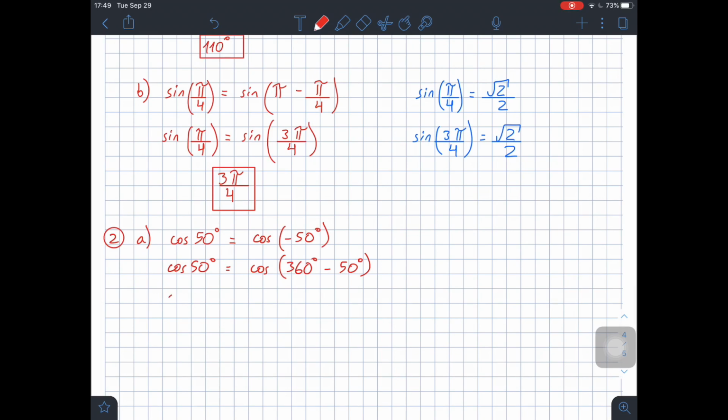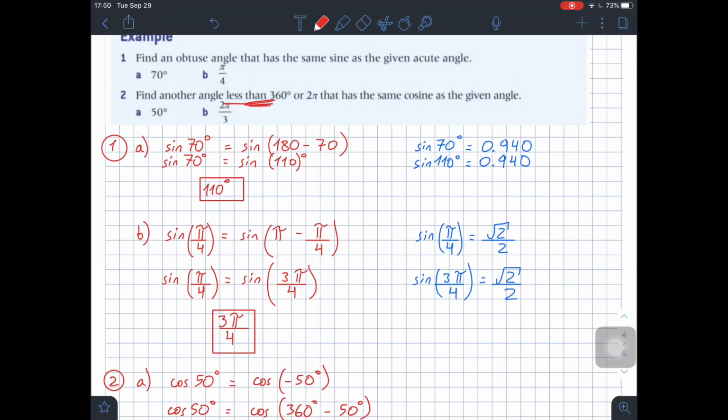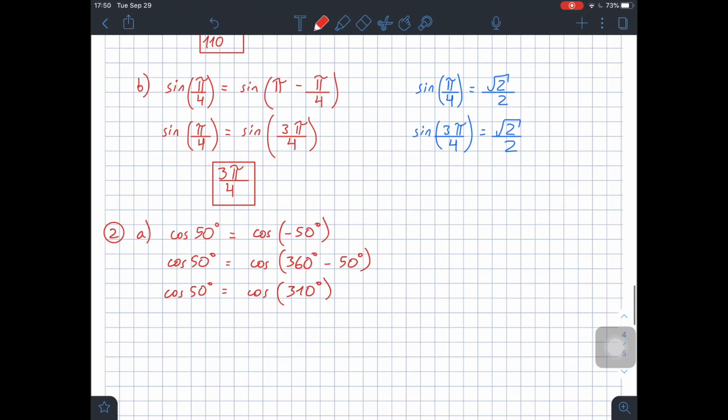So we're going to say cosine of 50 degrees is equal to cosine of 360 minus 50, that's 310 degrees. You see that the exercise says less than 360 degrees. So 310 is actually less than 360, so that's fine. So cosine of 310 degrees must give me the same value as cosine of 50 degrees.